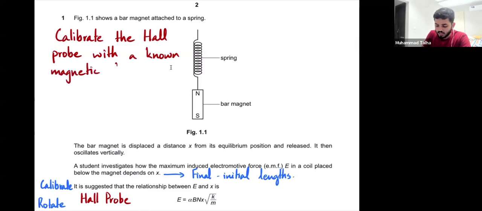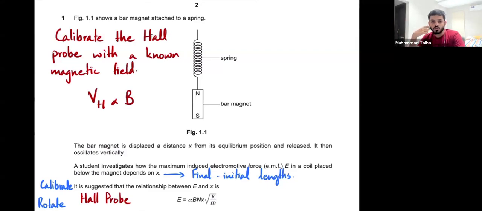Because in your P4s, you will have studied this idea that the Hall voltage is proportional to B. So once you know what the Hall voltage is supposed to be in a known magnetic field, then you can use that direct proportion, that unitary method, to figure out VH.